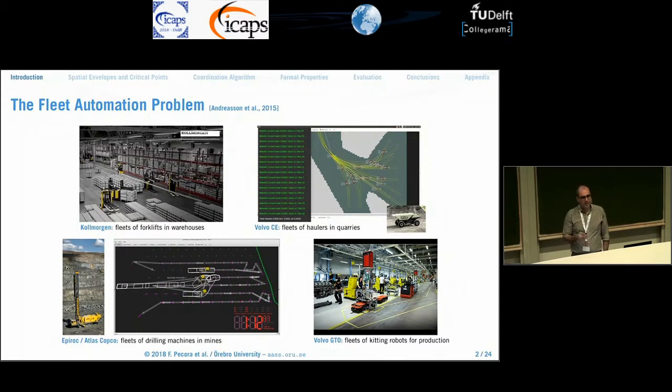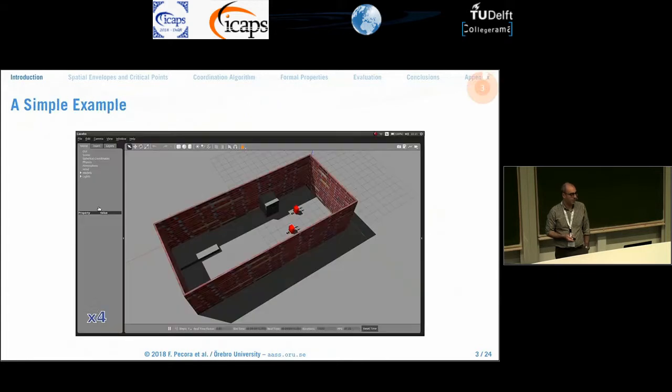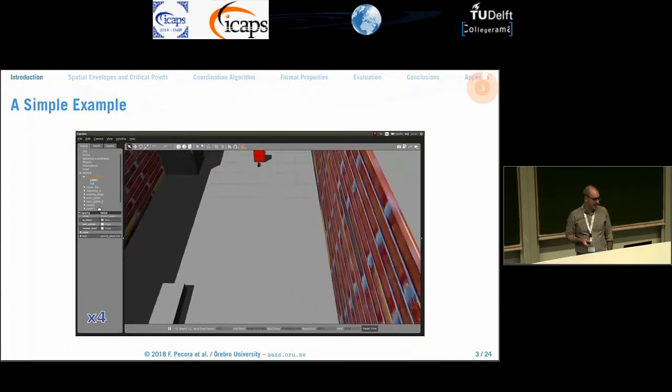In all of these applications, you can imagine there are a variety of open planning problems and scheduling problems that have to be addressed in conjunction with the fact that these are fleets of autonomous robots that are carrying out the tasks. But today I'm not going to focus on what distinguishes these application scenarios, but rather what makes them all similar to some extent.